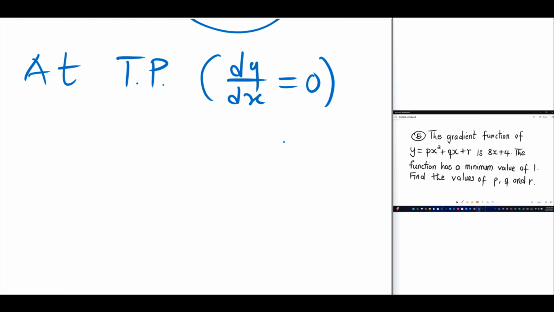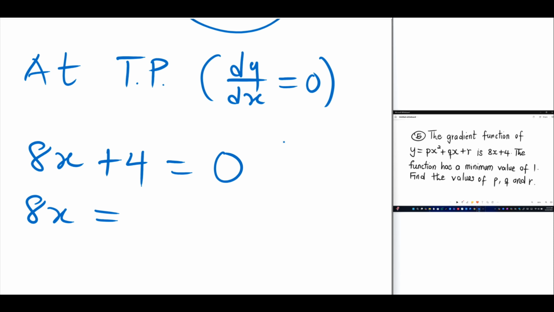So we know our gradient function to be 8x plus 4. So this must be equal to 0. We are now going to find the value of x for which the gradient is equal to 0 at that particular point. So we have 8x equal to negative 4. Then what do we do?